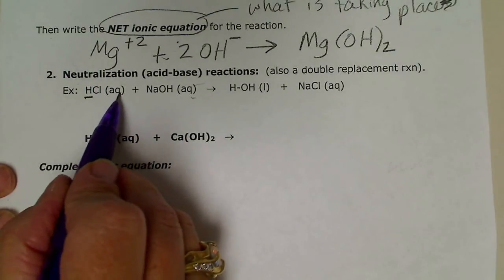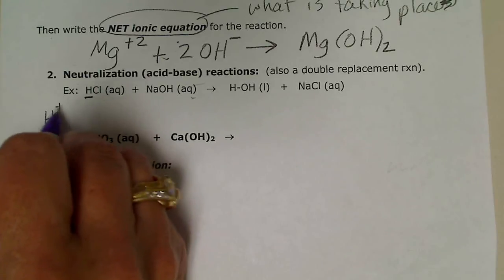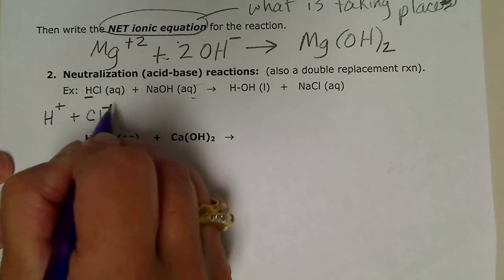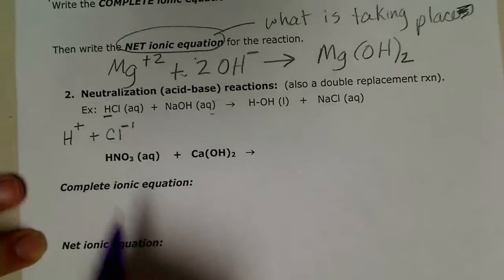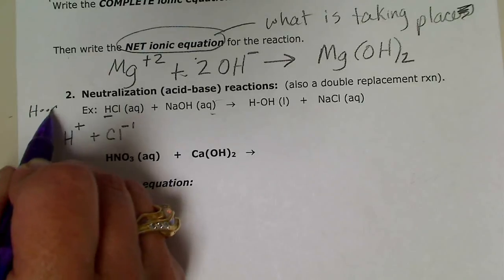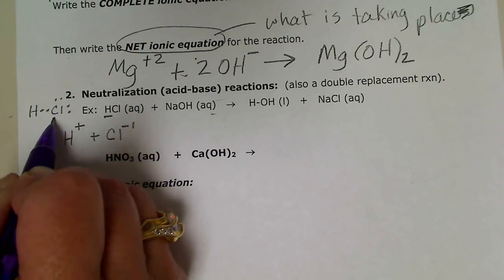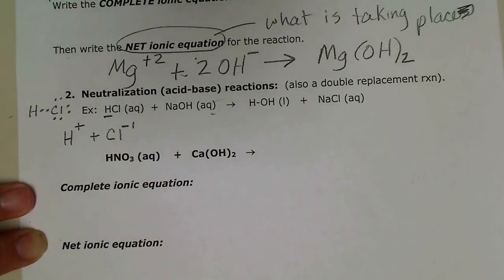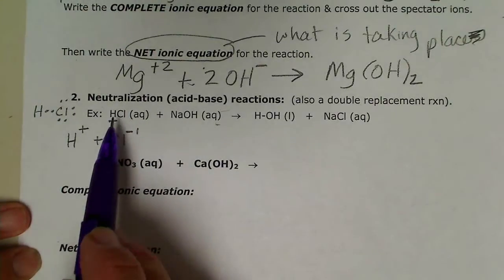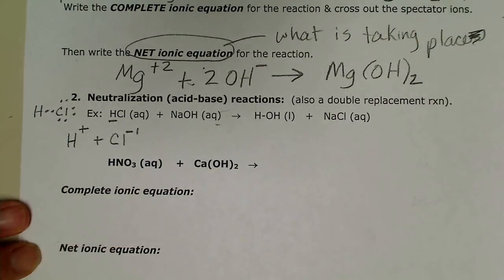Since this says aqueous, that means that the HCl breaks apart into 2 ions. And this is the strange case where we really have a covalent compound. So hydrogen chloride would look like that. Since hydrogen is not a metal, we have 2 nonmetals that are bonded together covalently.